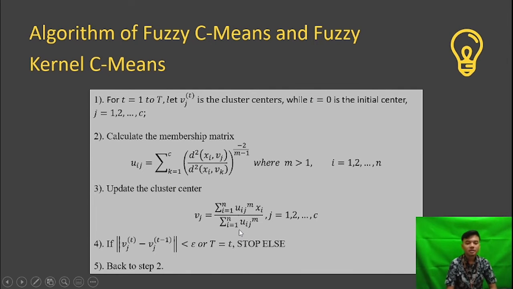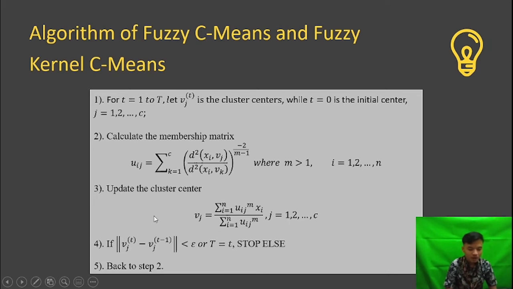This is the algorithm of fuzzy C-means and fuzzy kernel C-means. Step 1, let c be the number of clusters, with t equals 0, and initialize the centers for j equal to 1, 2, until c. Step 2, calculate the membership matrix. Step 3, update the cluster centers.